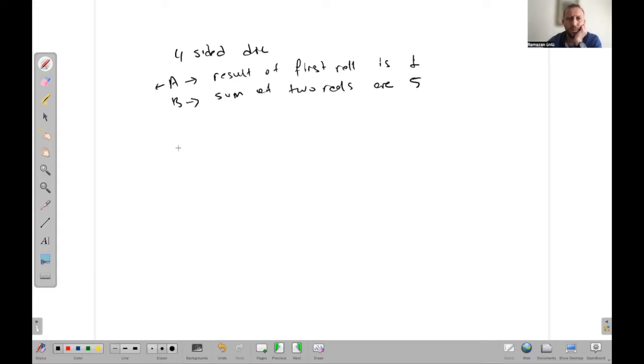So the probability of A is 1 over 4, right? And for the probability of B, it can be (1, 4), (2, 3), (3, 2), and (4, 1).